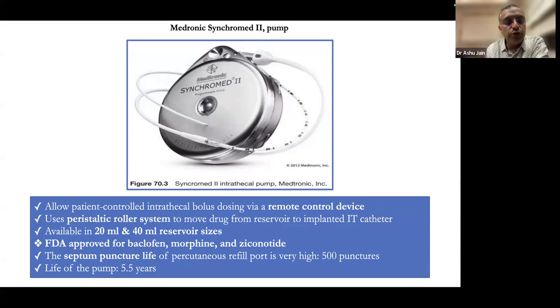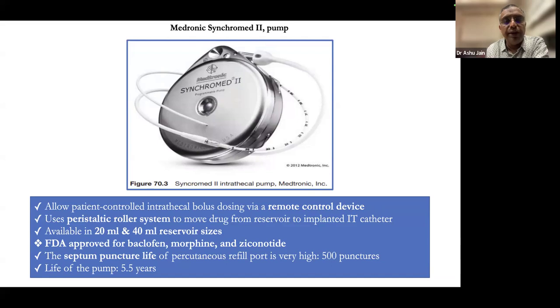The membrane where we refill it is a very high quality membrane, and you can do 500 punctures. These pumps need to be refilled almost once a year, so they are very good for the duration of the patient's life. But the problem is with the battery.